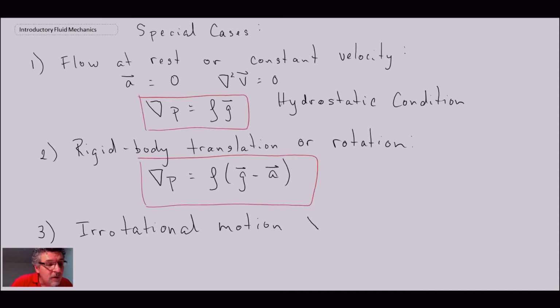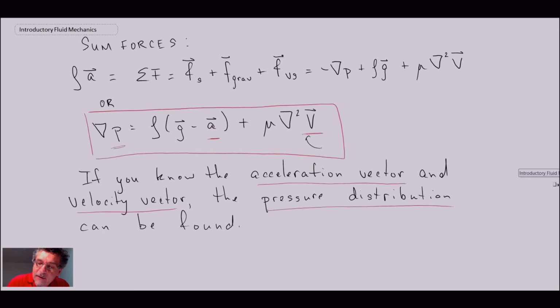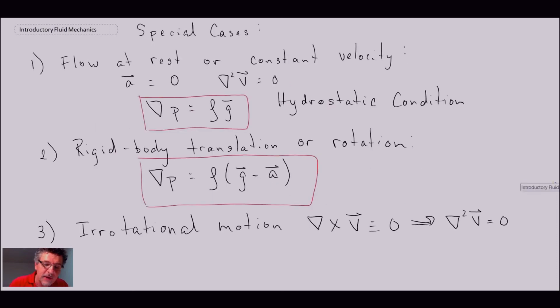Irrotational motion is characterized by del cross V equals 0. With that, our del squared V term would disappear, and consequently, we have another simplification of the equation. It's very similar to the solid body rotation one.